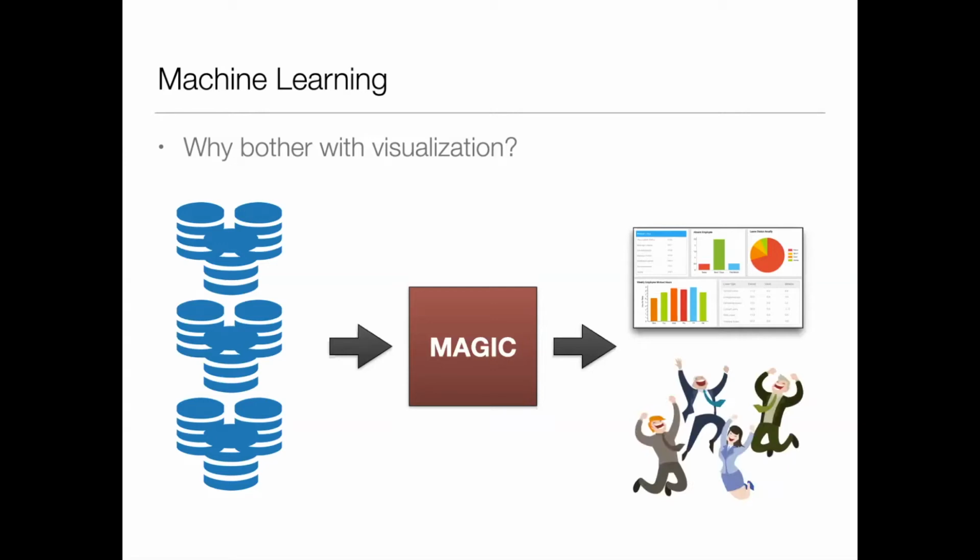You have data, you put it through this machine learning magic that comes from somewhere and we don't understand, and then poof, we have the results, and we have great things, machine learning solving everything, and making a lot of money, and companies growing around this. Deep learning works perfectly.